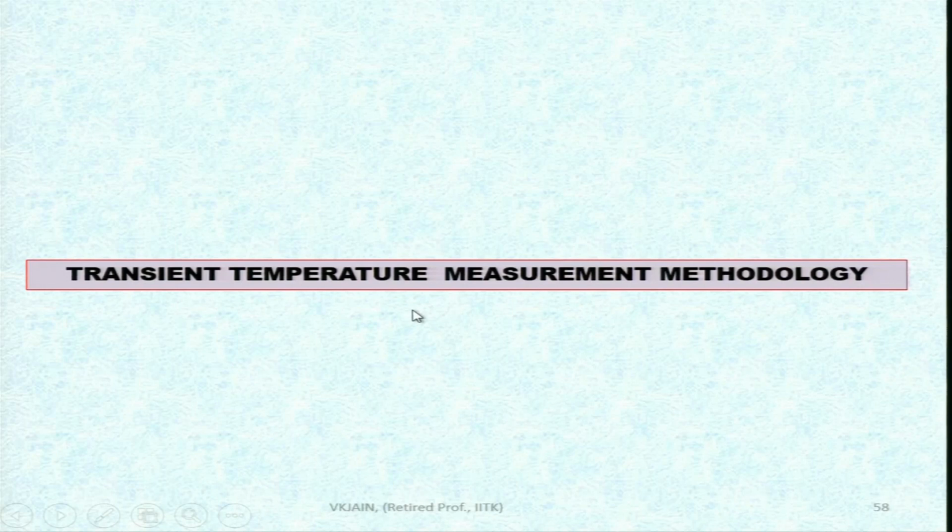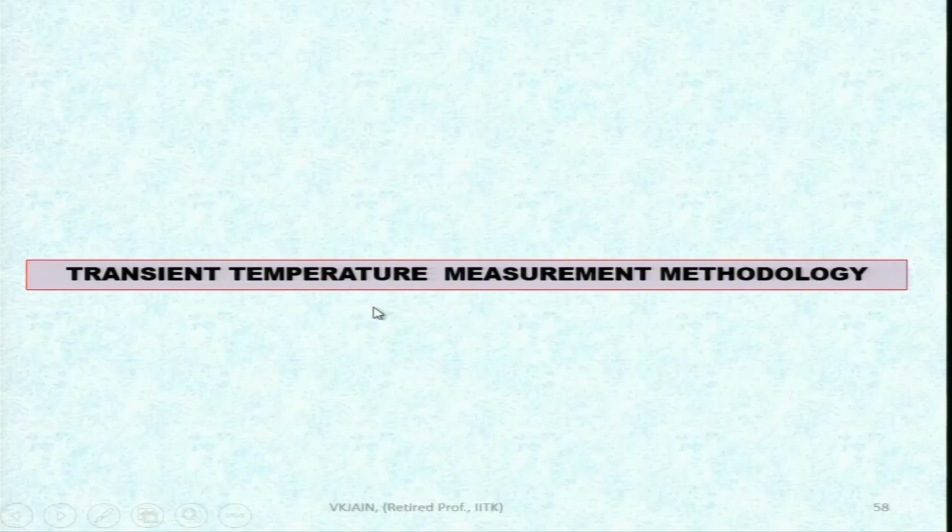Transient temperature measurement methodology, this is another important phenomenon, because the material removal is due to the thermal process, that is the heating that results in melting and vaporization and flushing out of the molten material from the gap. So, it is very important to know what the temperatures are at different locations.